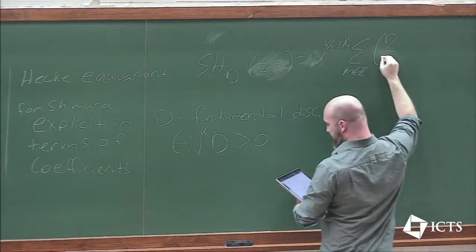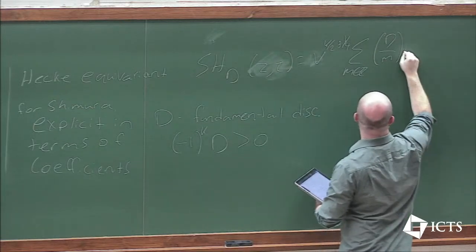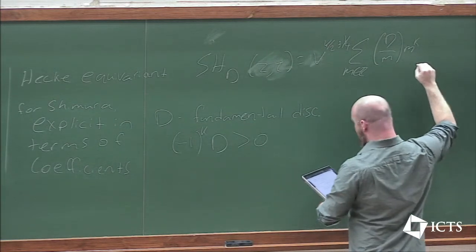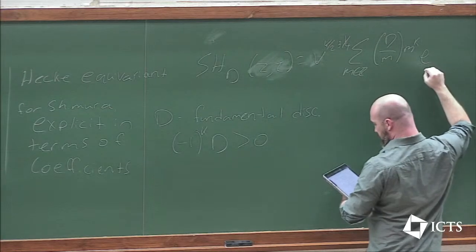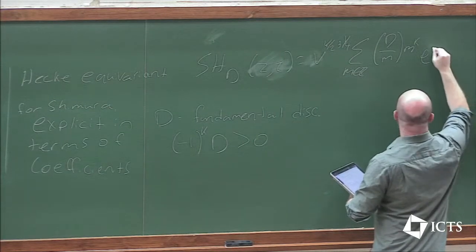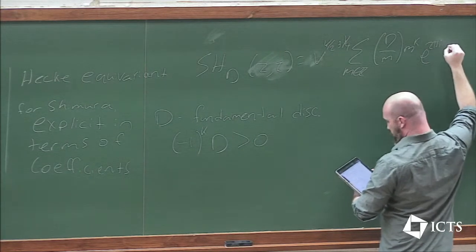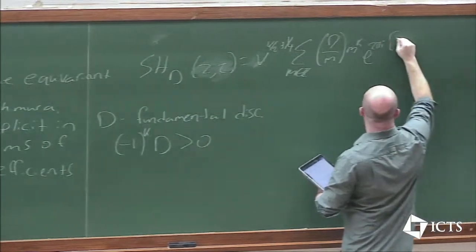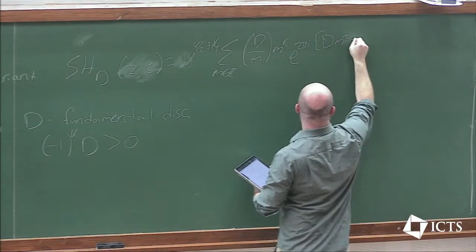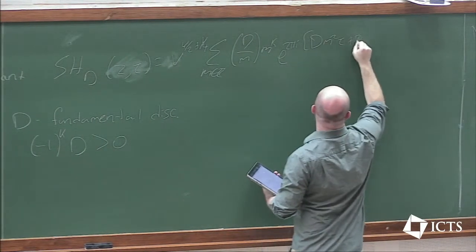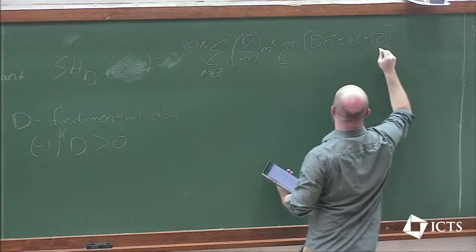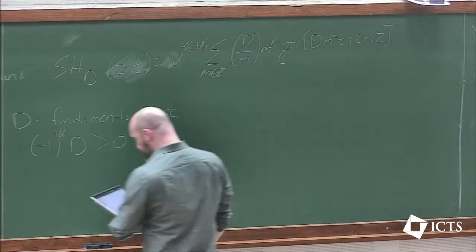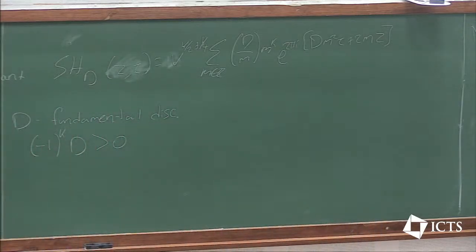We'll have a Legendre symbol here, d above m, m to the k, and then here's the exponential term: e to the 2 pi i times (d m squared tau plus 2mz).